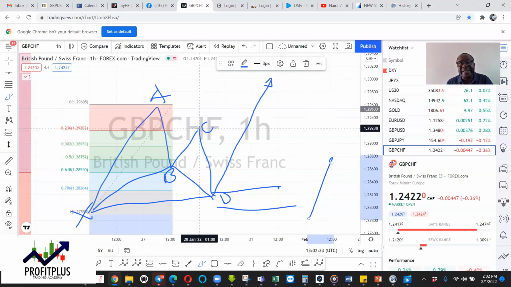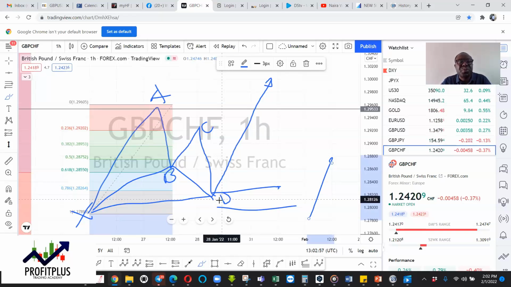And now we're saying D should be the extension of AB, all right? If D is at this level of B, it is 100%, but it should go lower, between 127% extension or 161.8% extension of AB.